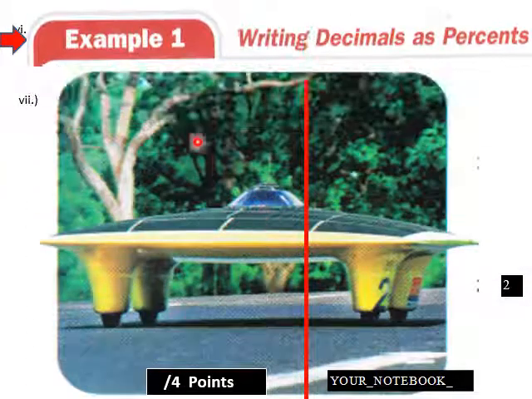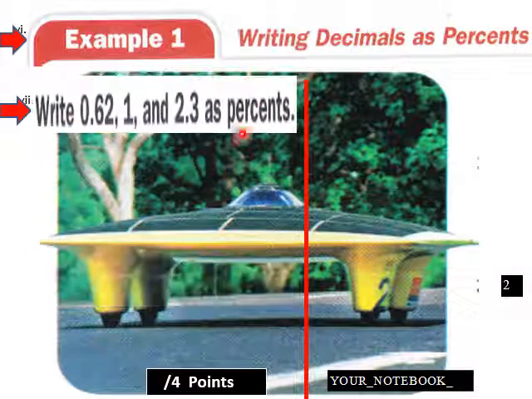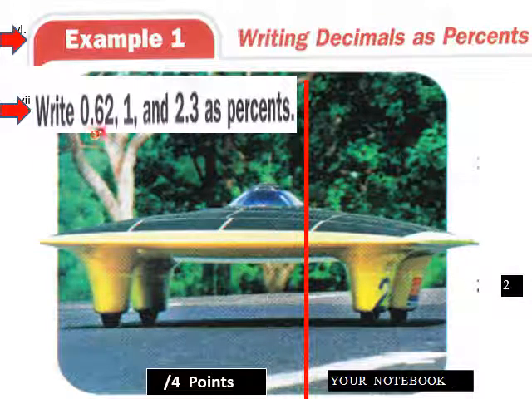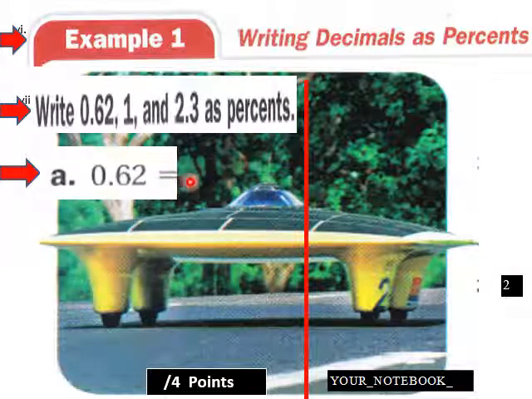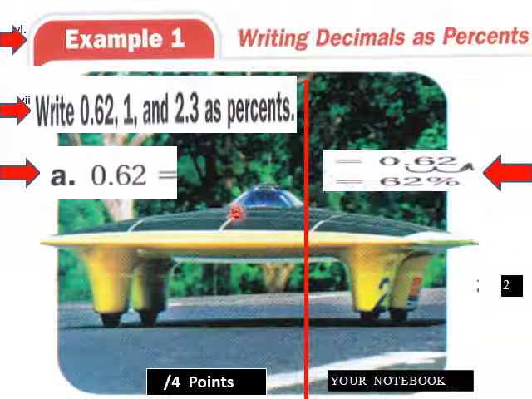Okay, so let's try an example here. Writing decimals as percents. Write 0.62, 1, and 2.3 as percents. For A up here, 0.62, to write that as a percent, we're going to move our decimal point 2 places to the right, and then use a percent sign.